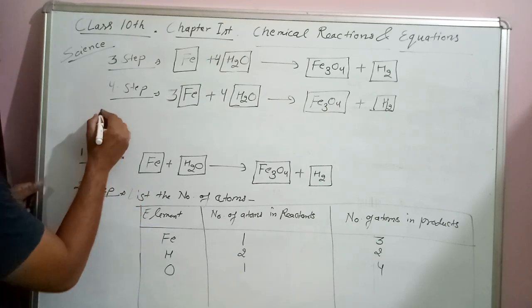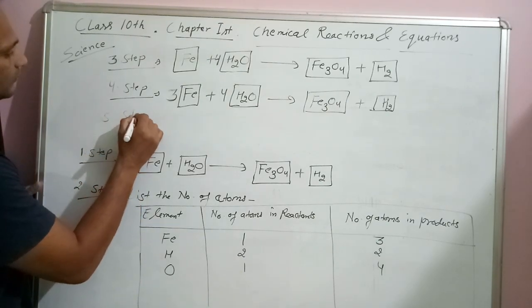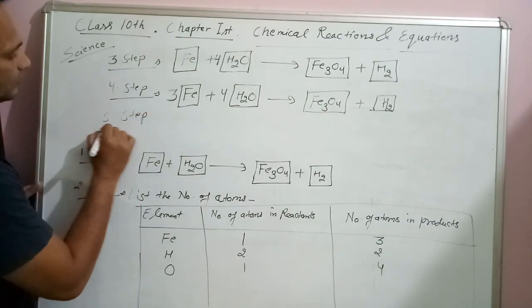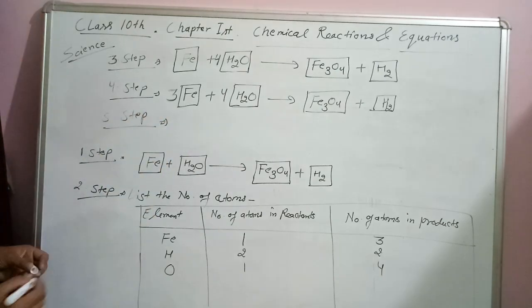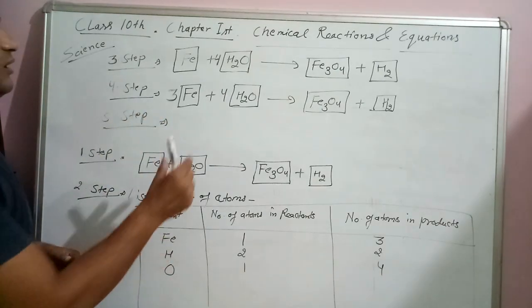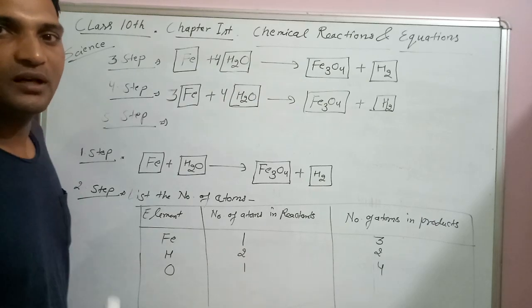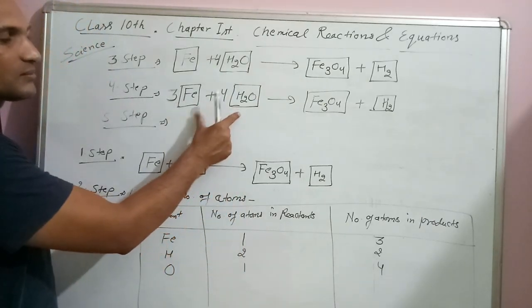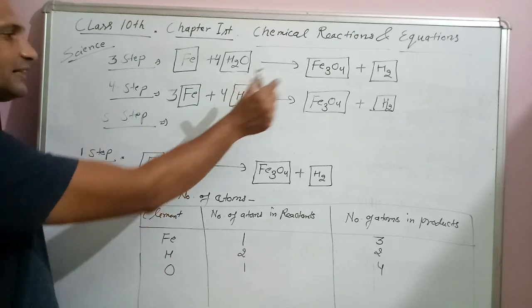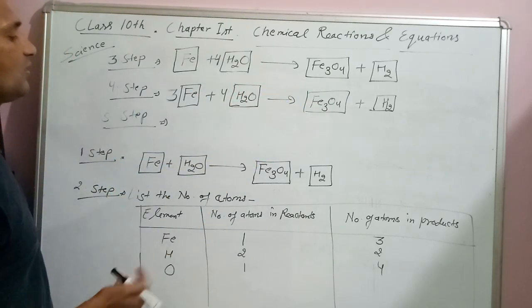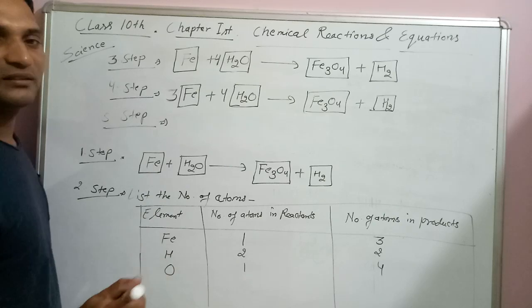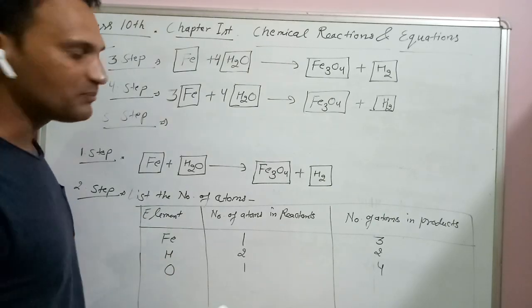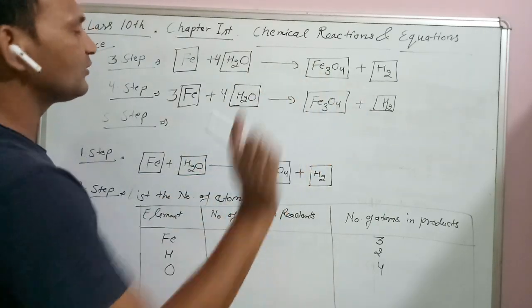Now in the fifth step, check the remaining elements in the equation, whether the number of atoms is the same in the reactants and in the products.